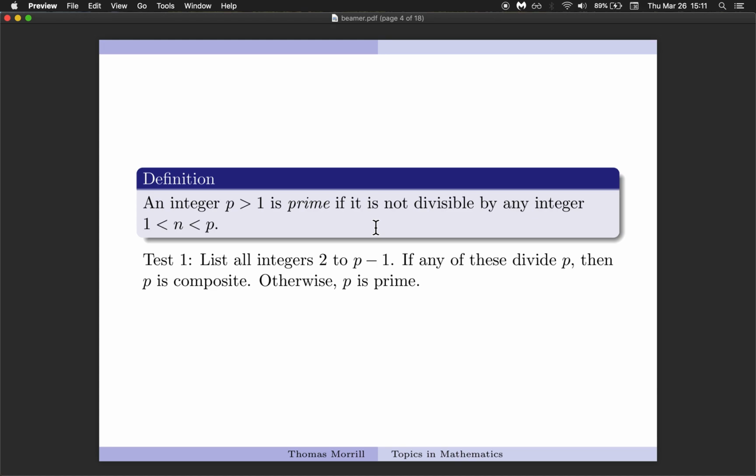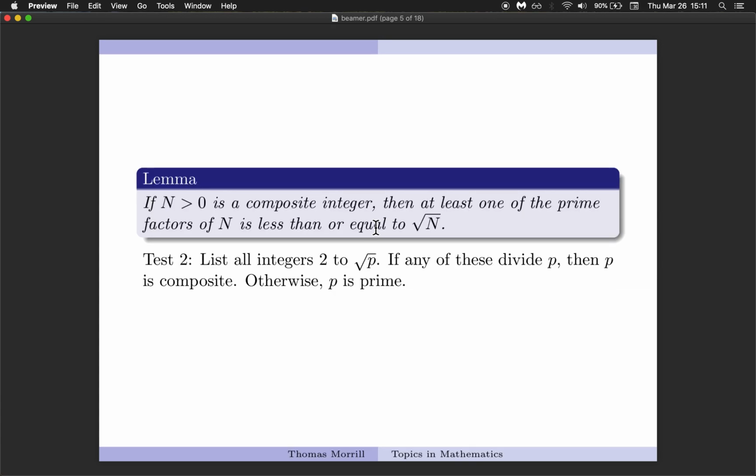But that's exactly what this test is doing. It's just trying to brute force to find a factorization of p. So this can work for trying to find out if, say, 137 is prime, but for the size of numbers that we're talking about, this test is not going to cut it.